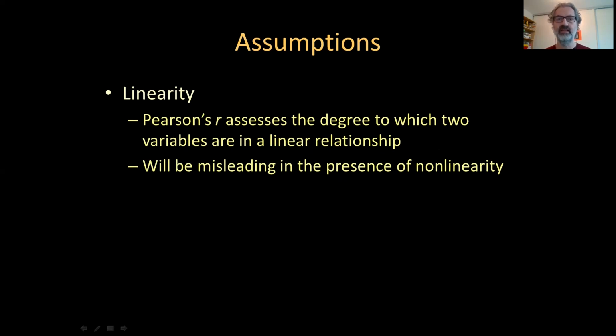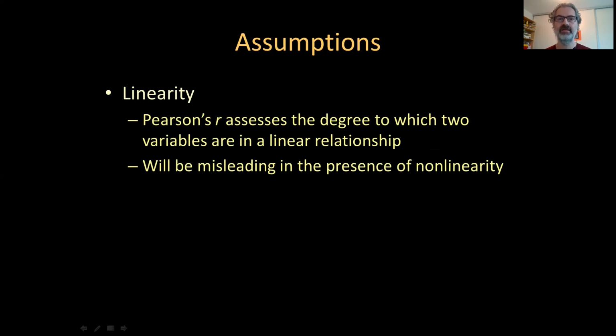It means that they have a small linear relationship, or a very small or non-existent one. But because we want to interpret R as a measure of relatedness more generally, R is misleading and inappropriate when the relationship between the two variables is not linear. So in those cases, we use different indices.